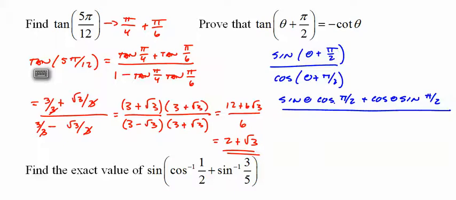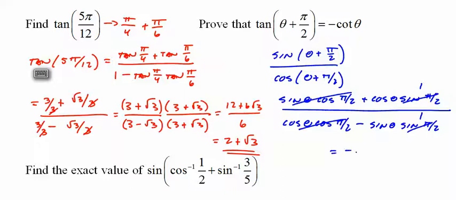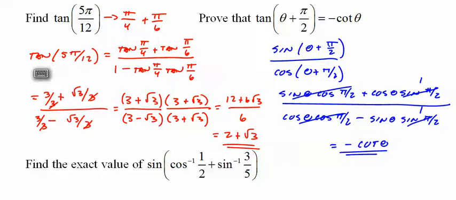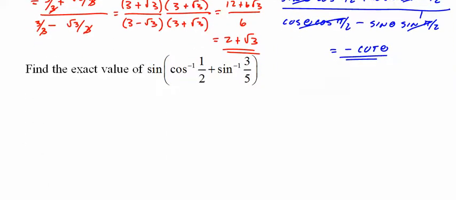Something's got to cancel here. Cosine, that's going to go. Sine of pi over 2 is going to be 1. Cosine of theta cosine of pi over 2, see ya, minus sine of theta sine of pi over 2, 1, equals negative cotangent theta. Cool. I apologize for my homework problem that I did in a very different manner than that.